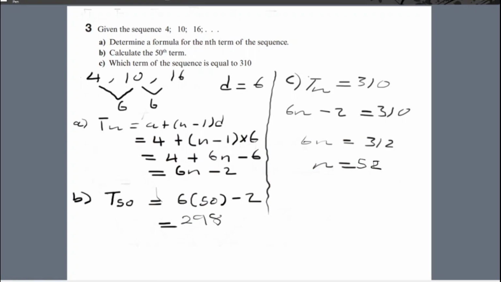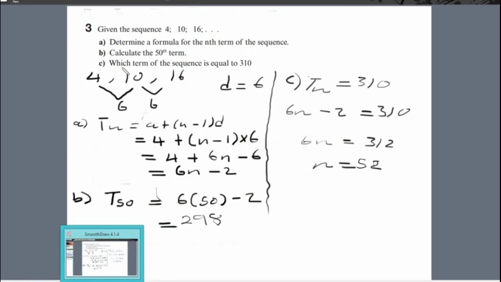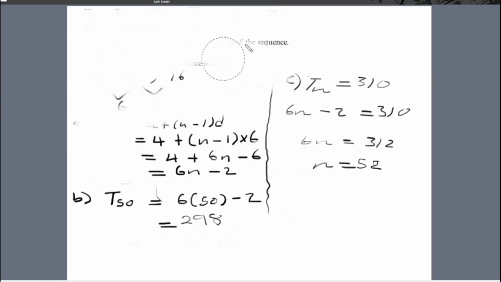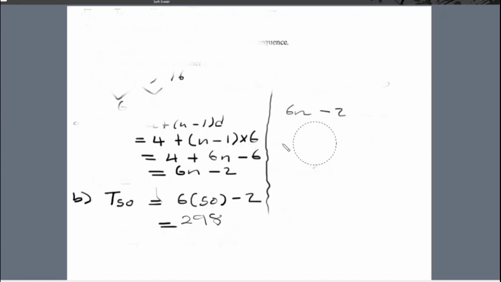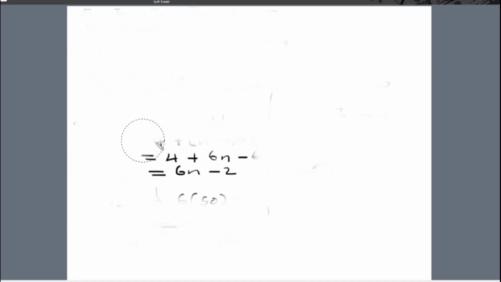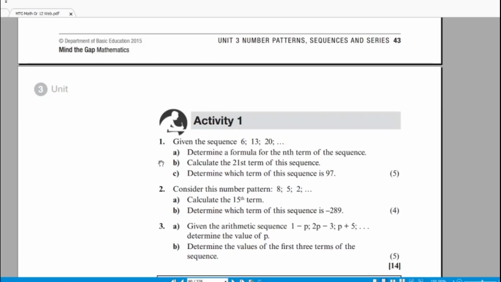This creates space for the next question. Then let us get our question.